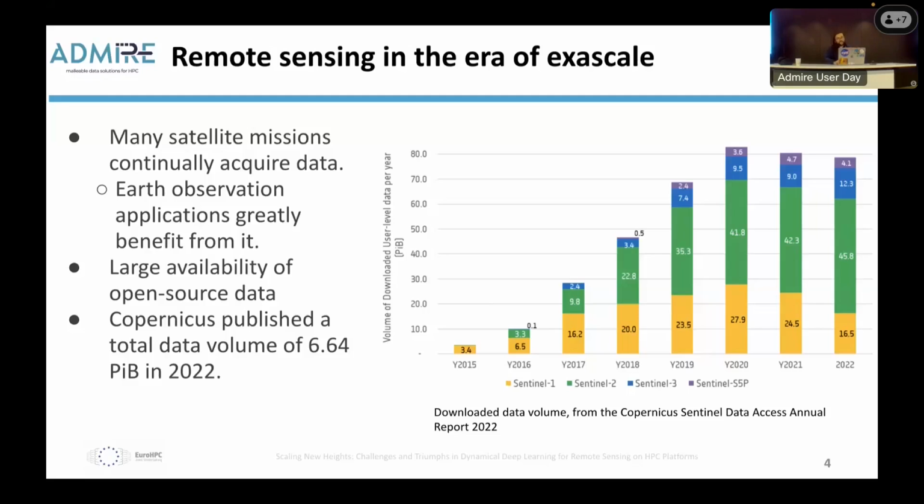And you can clearly see that the amount of data downloaded by users has been increasing. And again, this is only one source, and there are many more missions, many more programs, and a lot of satellites which are also not European. So we are talking about petabytes of data made available every year, which makes it very interesting for large scale processing.